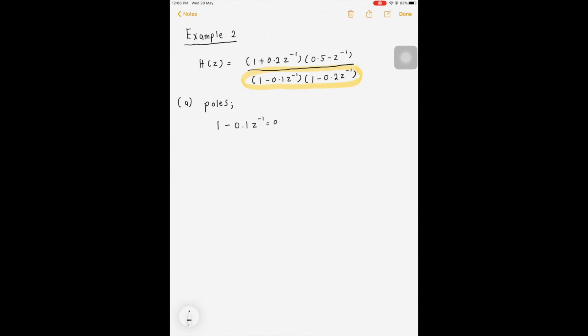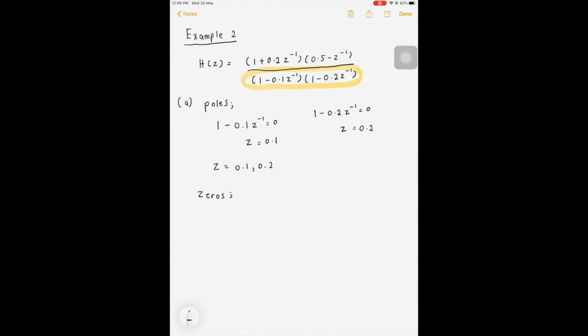I give you one example. z^-1 equal to zero, so z equal to 0.1. Another one, 1 minus 0.2 z^-1 equal to 0, so z equal to 0.2. So your poles value is z equal to 0.1 and 0.2.